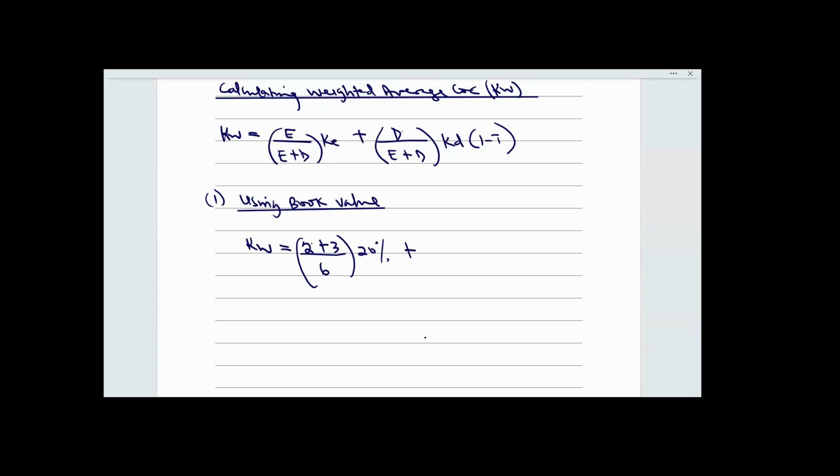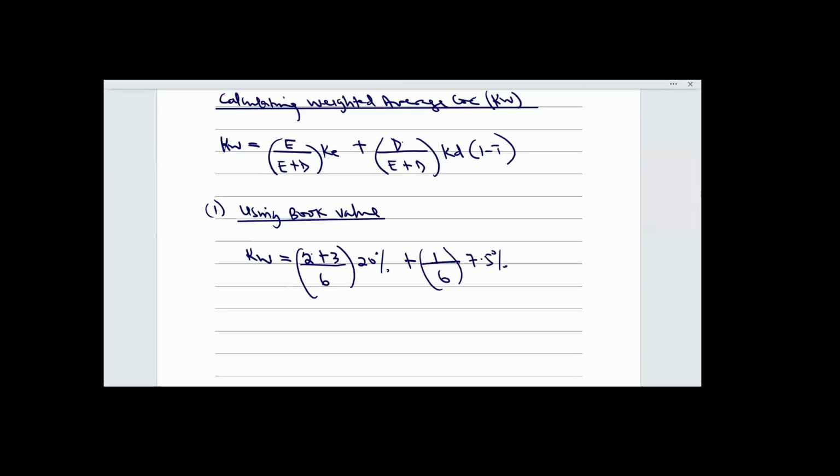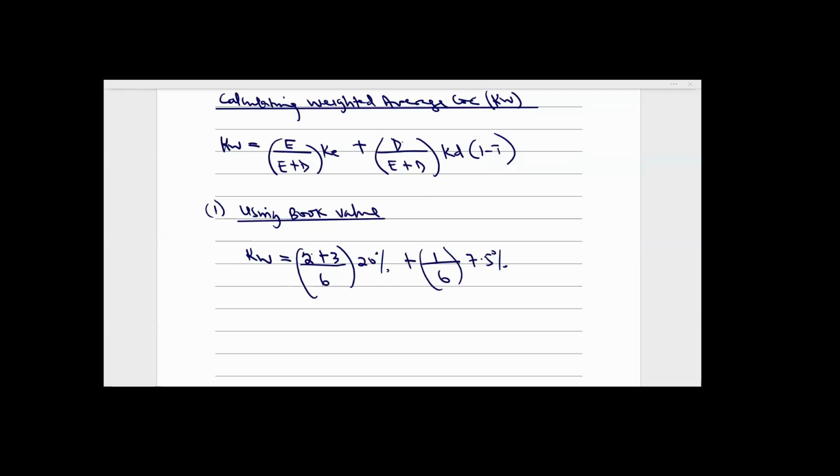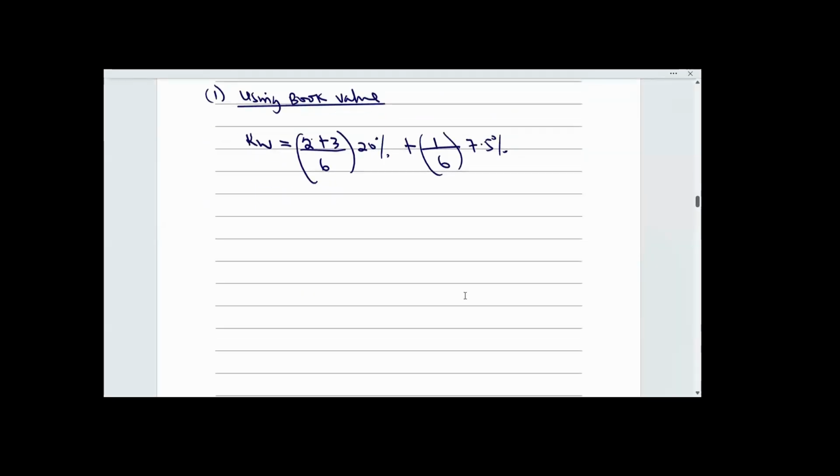Debt value is 1 million divided by total value of 6 million. All of this multiplied by after-tax cost of debt, which is 7.5%. The examiner has already adjusted for tax, so our Kd is already after tax. No need to multiply by 1 minus tax again.